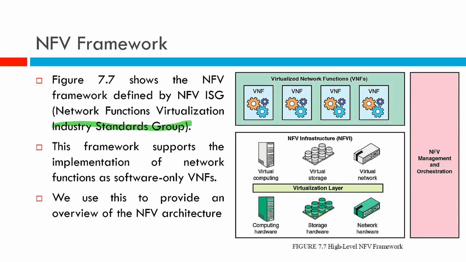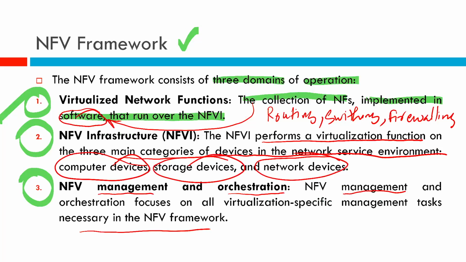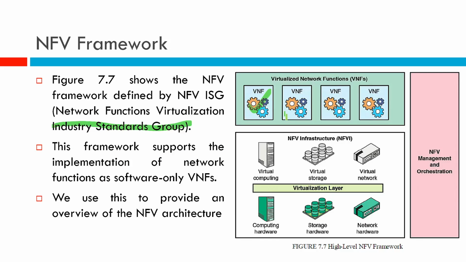If you look into the VNF, virtual network functions, these are all virtual network functions, which means routing, switching, everything. Then in the infrastructure, we have virtual computing, storage, and virtual network, so everything is virtual. And then computing hardware, storage hardware, and network hardware. These all come into the framework, and then finally we see the monitoring.